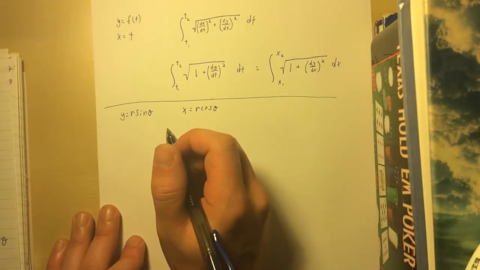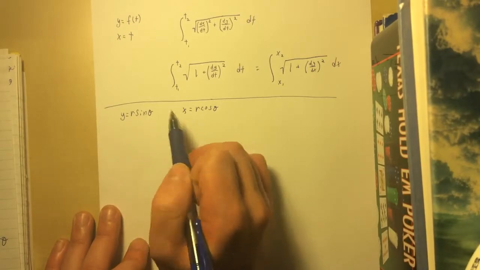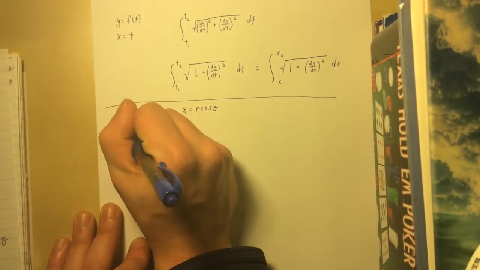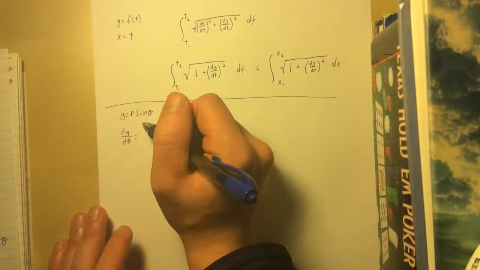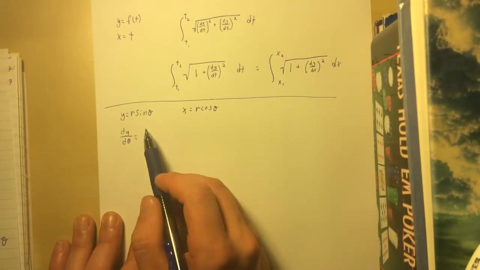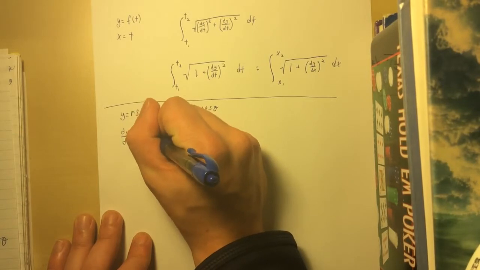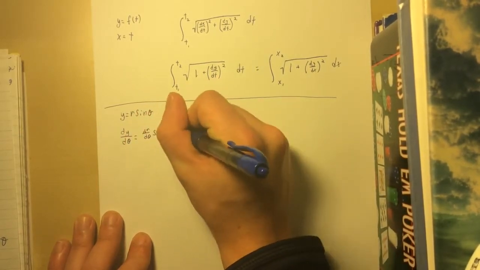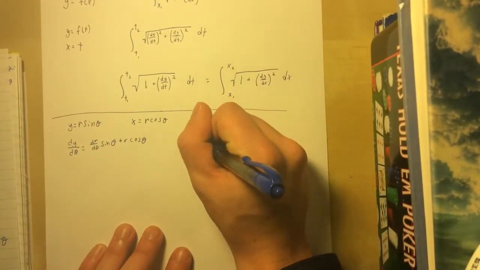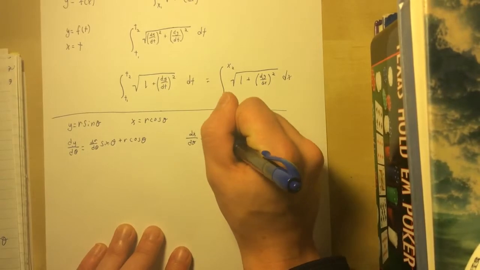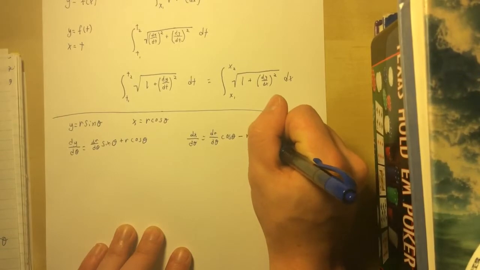From finding tangents, we found the derivatives. dy d theta, using the product rule, is dr d theta sine theta plus r cosine theta, and likewise dx d theta is dr d theta cosine theta minus r sine theta.